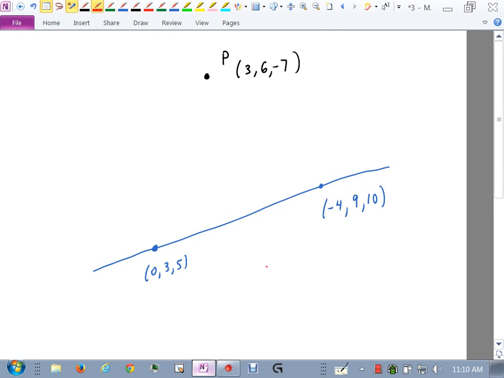I'll just give you one hint. I'm looking for R of t equals what?